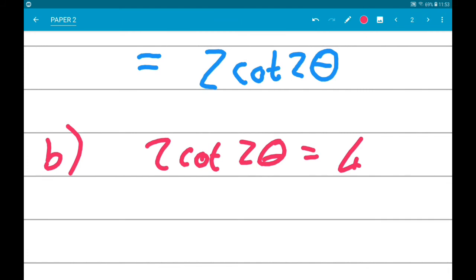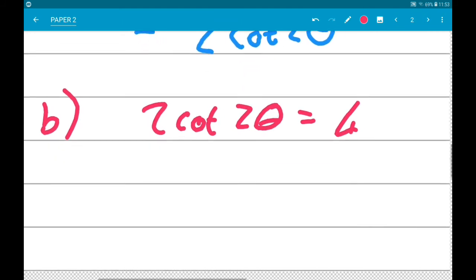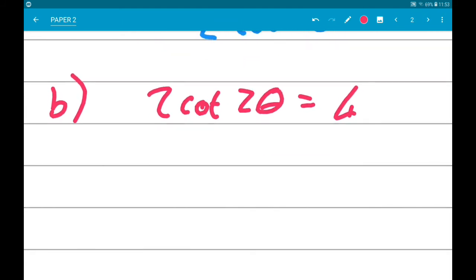So, divide through by 2 and we get cot 2 theta is 2. Now, cot is 1 over tan.